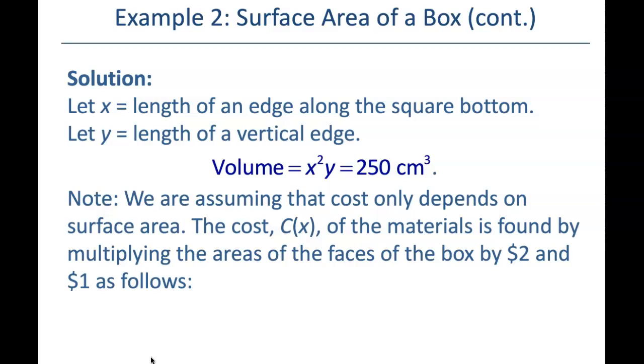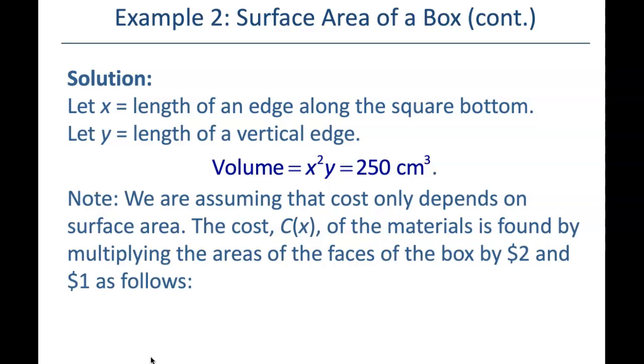Then we just have to figure out the formula for the surface area. And in fact, we don't want just the formula for the surface area. We want the equation of the cost of the materials of the box. So we've got the areas of the faces of the box.